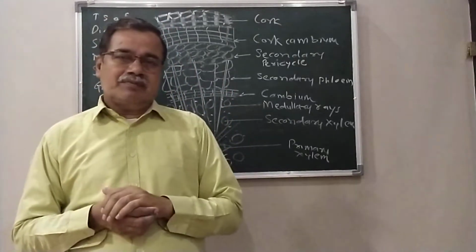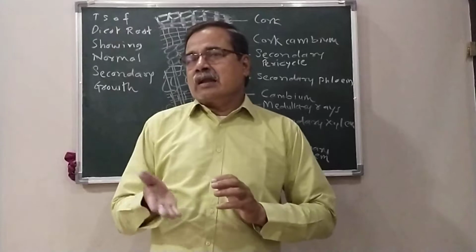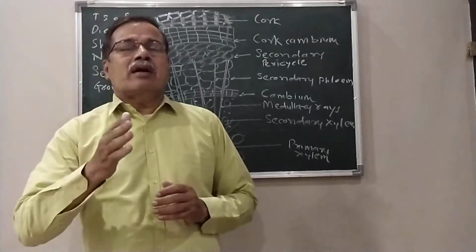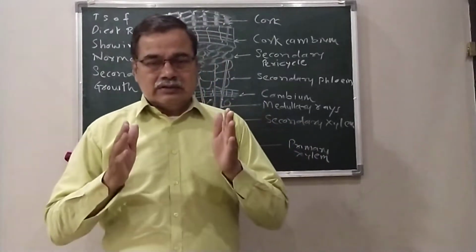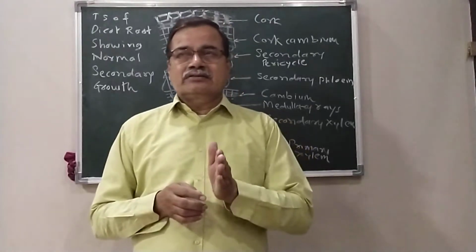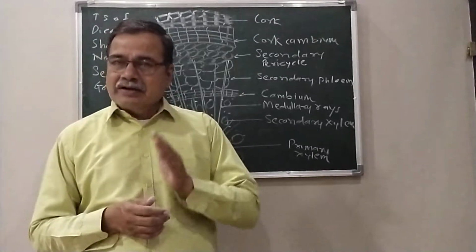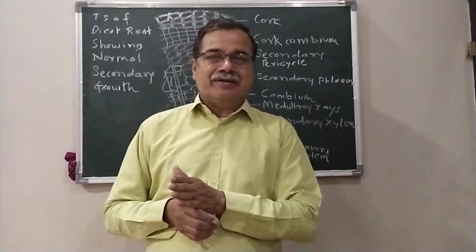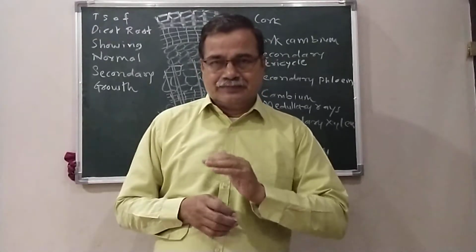They need more of these secondary tissues. Therefore, another tissue is formed, that is for mechanical strength and support, as well as for food and water, due to which the girth, diameter or size goes on increasing. This increase in thickness due to the addition of secondary tissues to the primary tissues by the vascular cambium and cork cambium in the stelar and extrastelar region respectively is known as secondary growth.